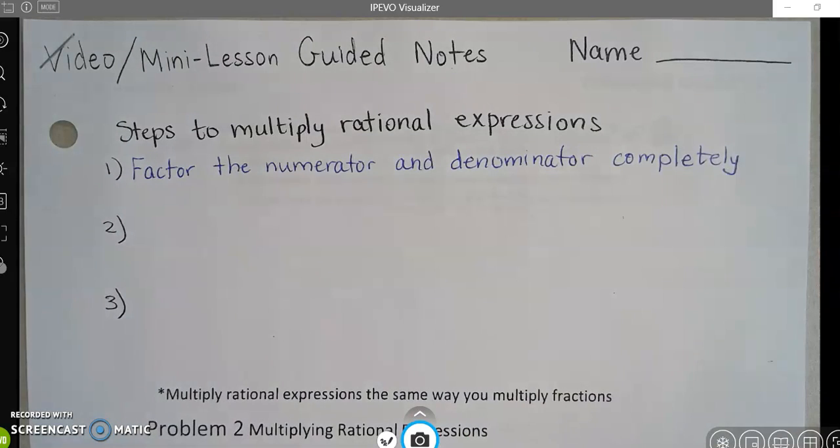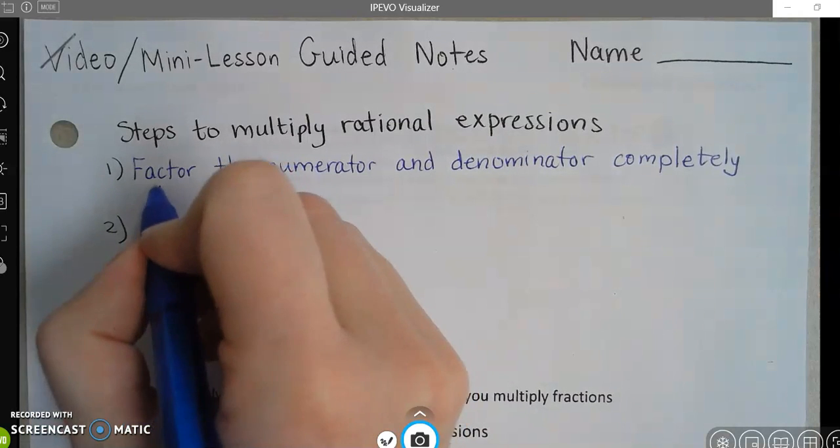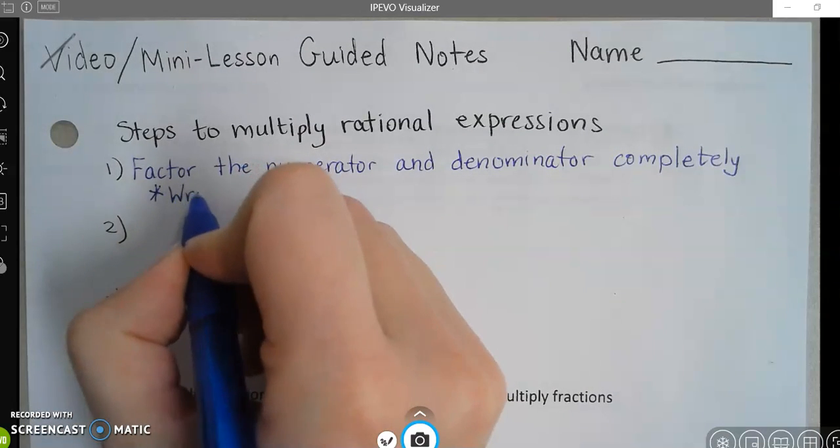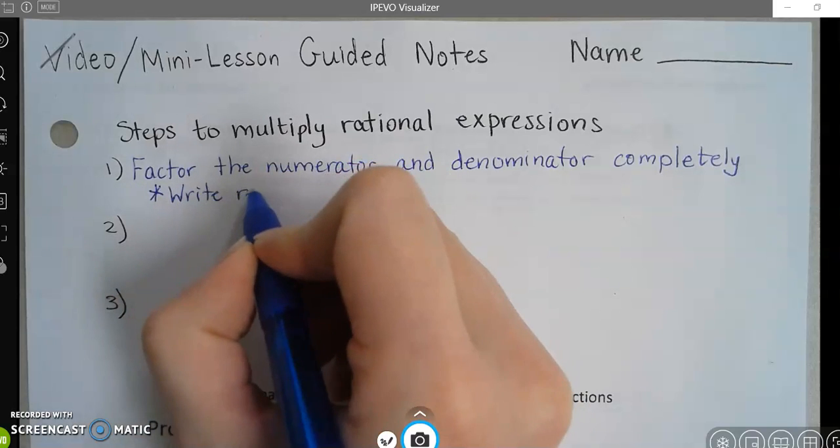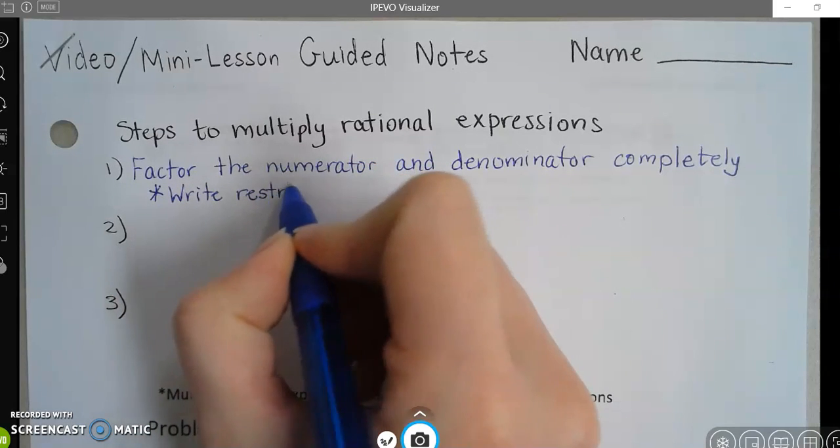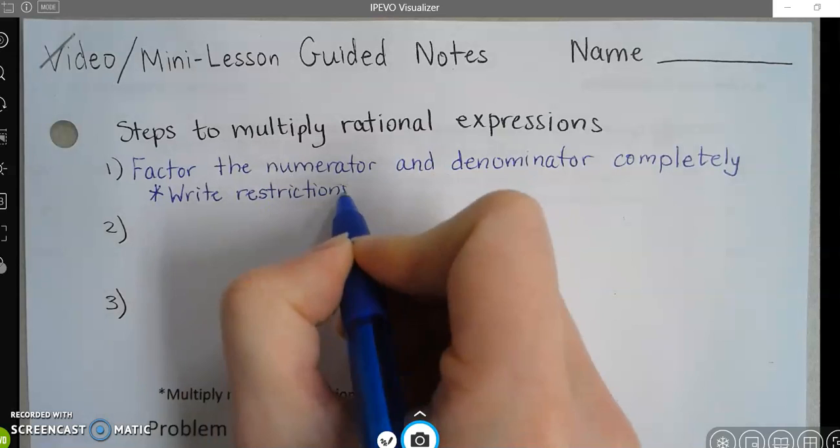And you do also want to write restrictions on the domain, as we have discussed: the restrictions that your denominator cannot equal 0.